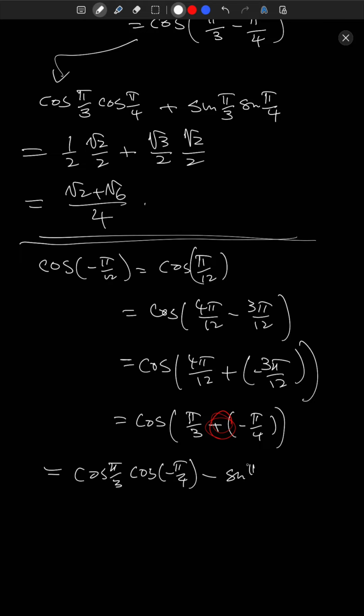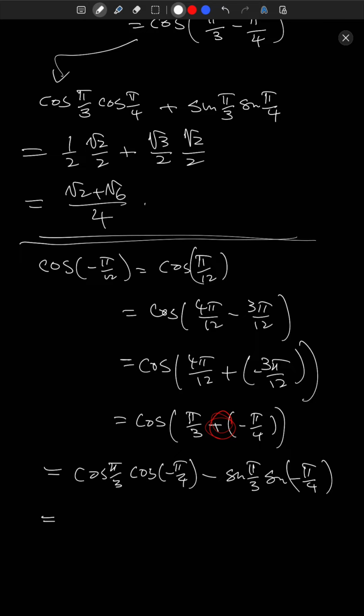Minus sine of pi over 3, sine of minus pi over 4. So I don't even have to memorize this second identity at all, right? Because if I'm clever about it, I can always use the plus version of the identity, because when you subtract two things, it's always the same as adding one thing and then plus the negative of the other thing, all right?